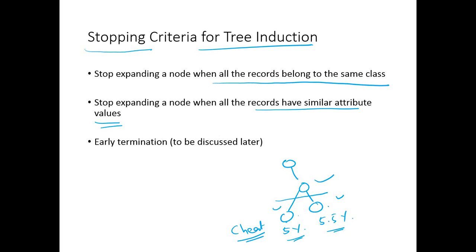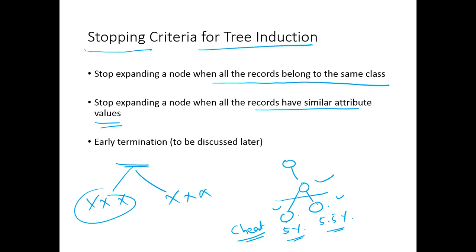There should be a difference. Otherwise, there is no point in doing another classification. Will you classify something which is already classified? If you find crosses here and also crosses here, is this a useful classification? No. That means we should stop at this particular node.